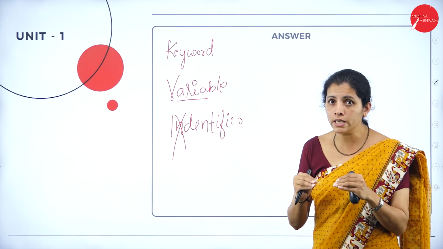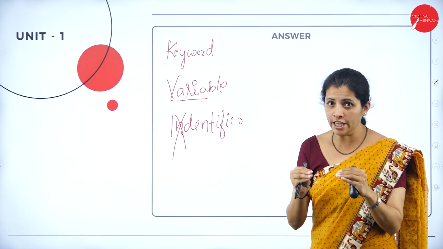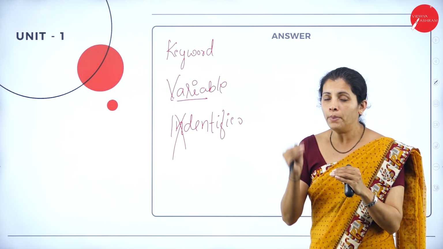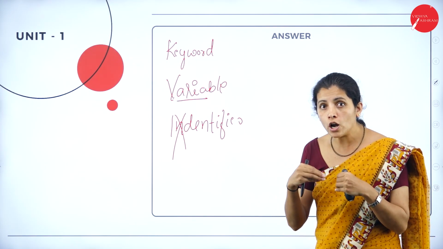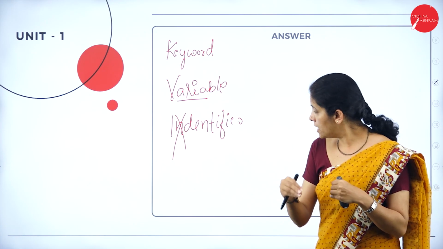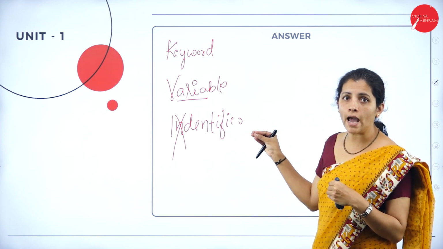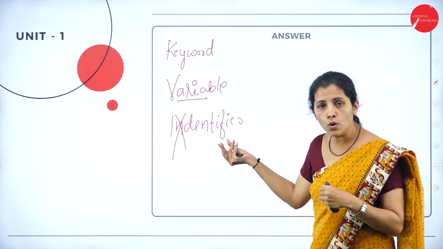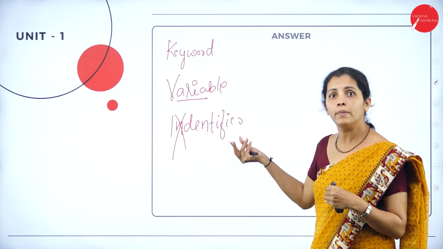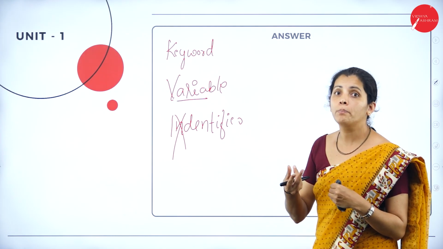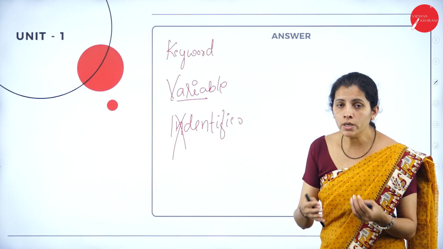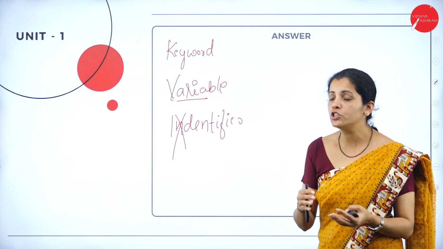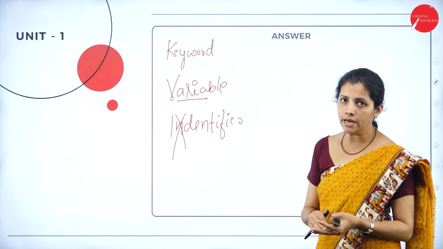Which subject I am going to teach. Based on that, you are going to identify me. Or based on my name. Here also, in a program, based on variable name, or array name, or structure name, or union name, or function name, I am going to identify.